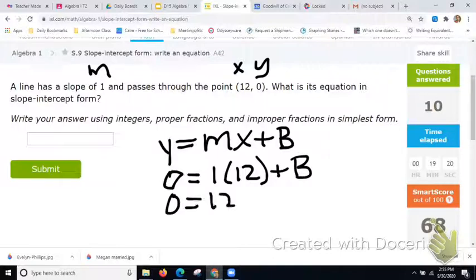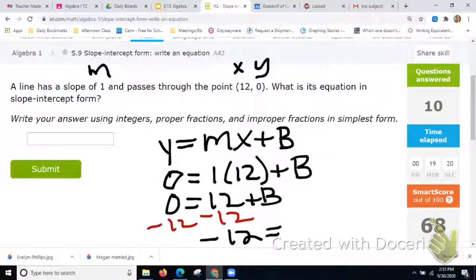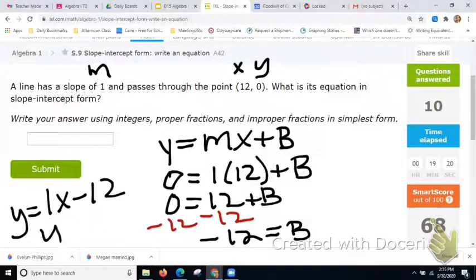0 equals 12 plus b. We'll subtract the 12 on both sides. And b must be -12, because I'd have to subtract 12 to get that down to 0. So then y is equal to 1x minus 12, or just y equals x minus 12.